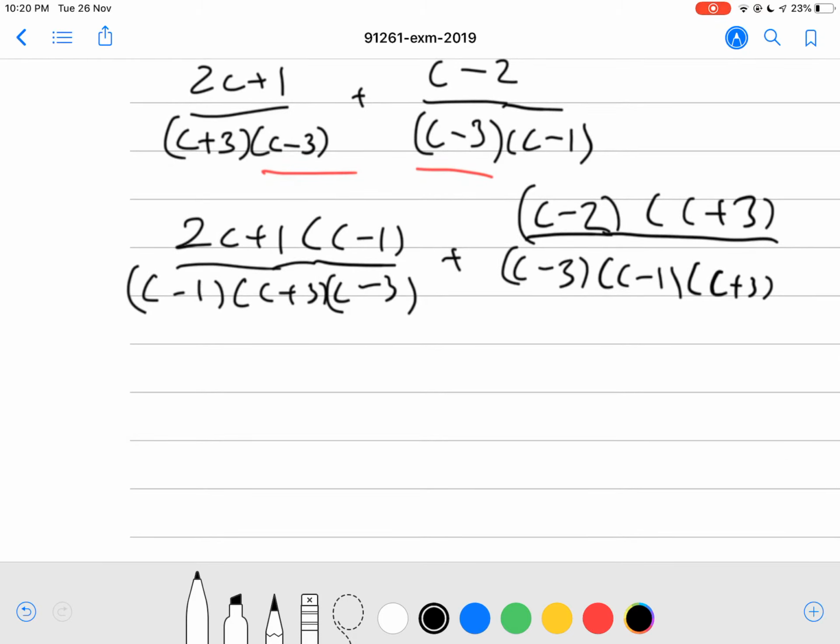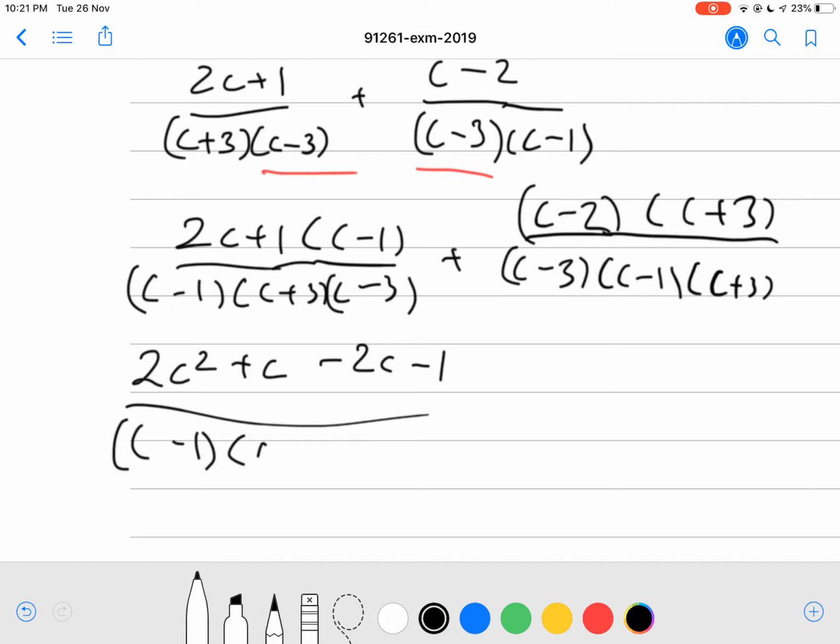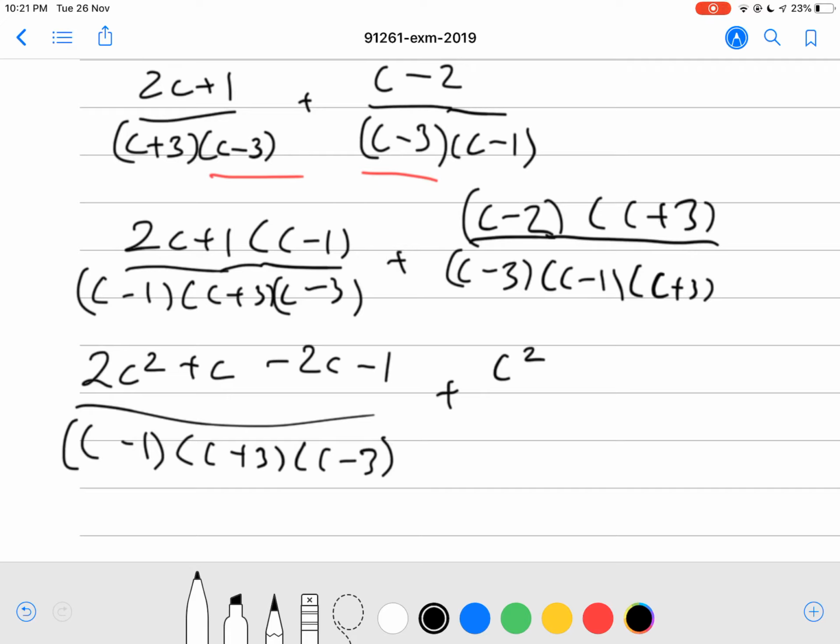So 2c plus 1 times c minus 1 becomes 2c squared plus c minus 2c minus 1 over c minus 1 times c plus 3 times c minus 3. We're going to add that to c squared plus c minus 6 over c minus 3, c minus 1, c plus 3.